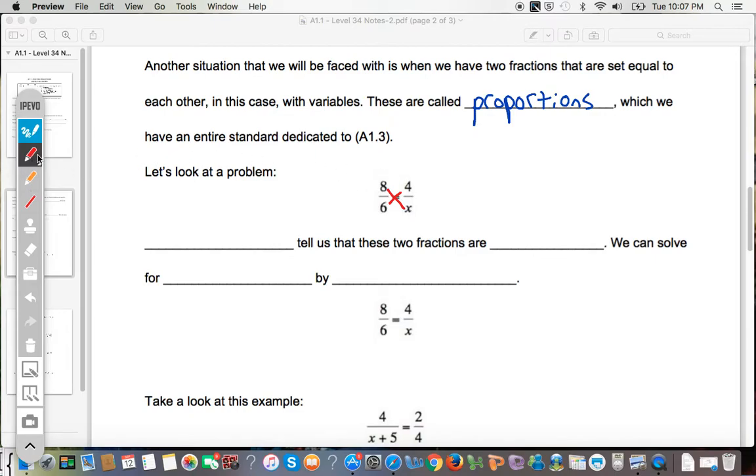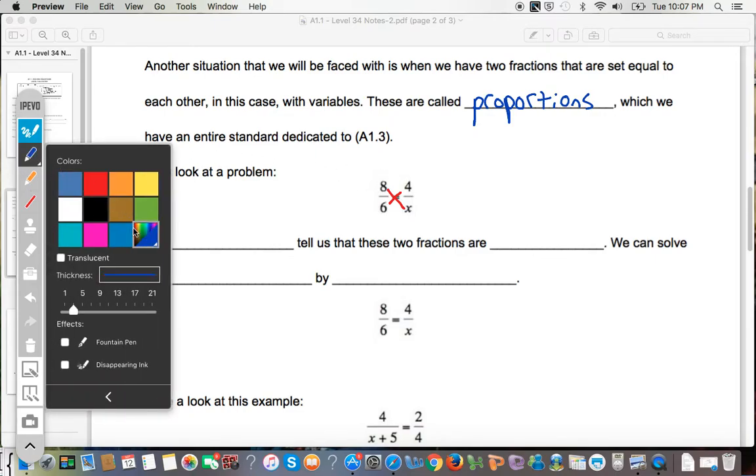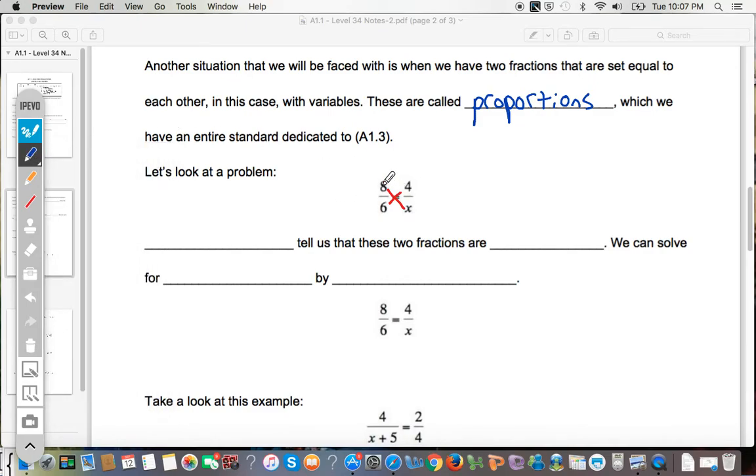So I've made my x. I have 8 times x. I'll write this up here. 8 times x equals 4 times 6. So to simplify this, I have 8x equals 24. So 8x equals 24.